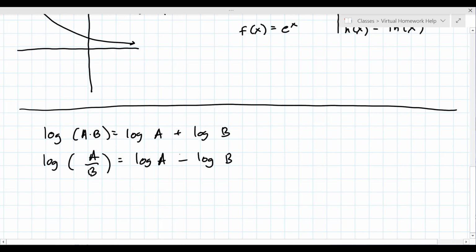One of the things that I'm not showing you is the base here, and that doesn't actually change this at all. Let's say it's log base 3 of x times y. Well, this is log base 3 of x plus log base 3 of y.